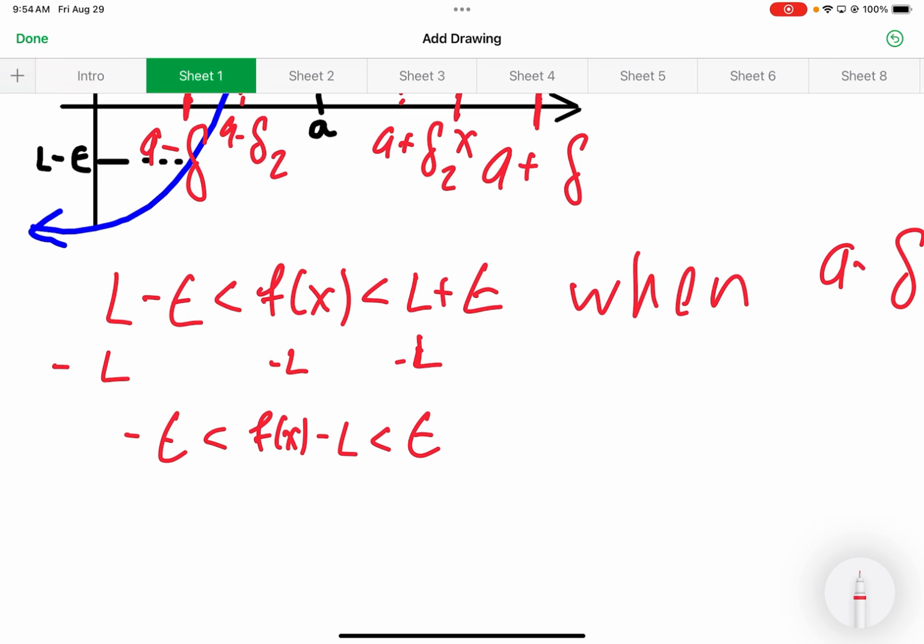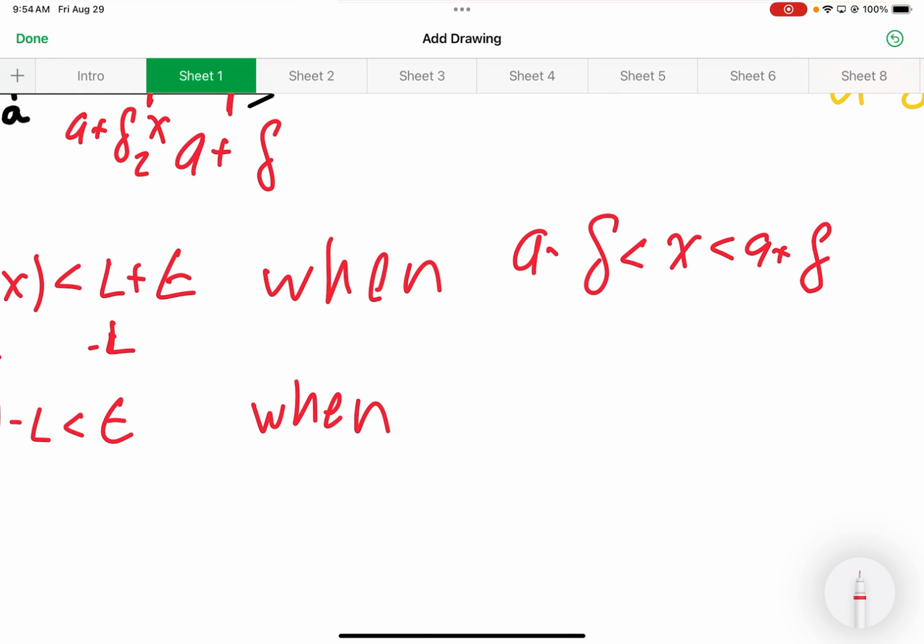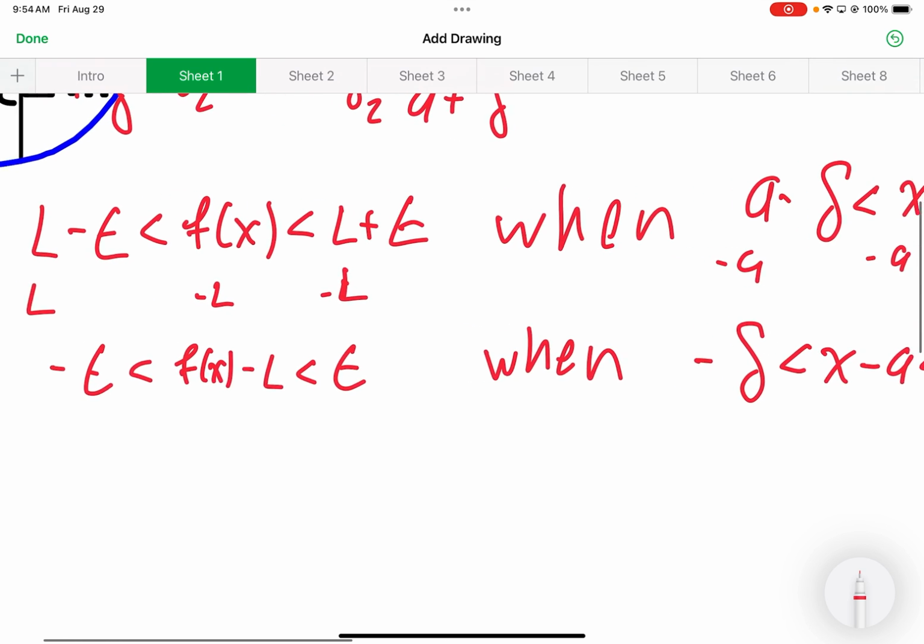And you'll see where I'm going with this. I can play the same game with my x values as well too. So that happens when I subtract a from each part of that compound inequality. So negative delta is less than x minus a, which is less than positive delta.